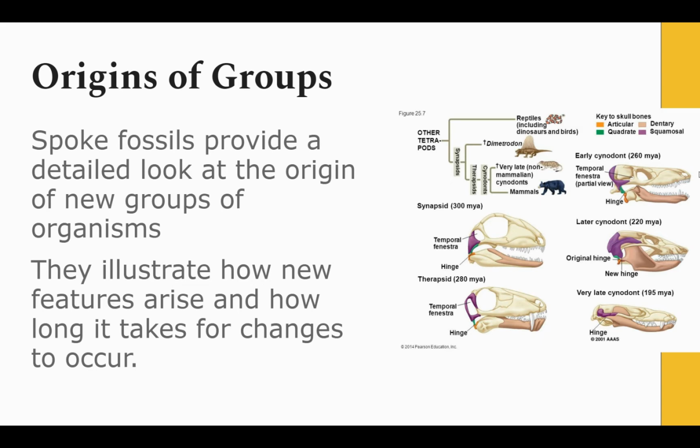So we can look at fossils from 300 million years ago, 280 million years ago, 220 million years ago, and 195 million years ago, and look at the development of this jawbone, where at first this purple bone was in a more triangular shape, and eventually grew outward a little bit until it had two separate parts, and eventually became this sort of hinge mechanism that we see in modern day mammals.